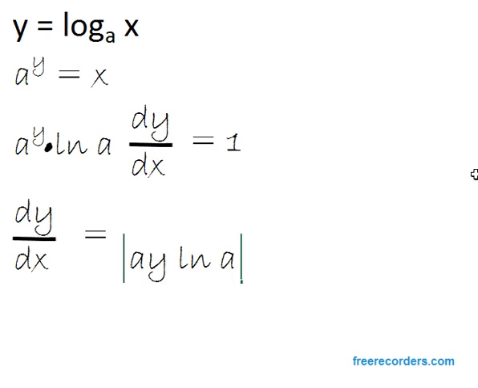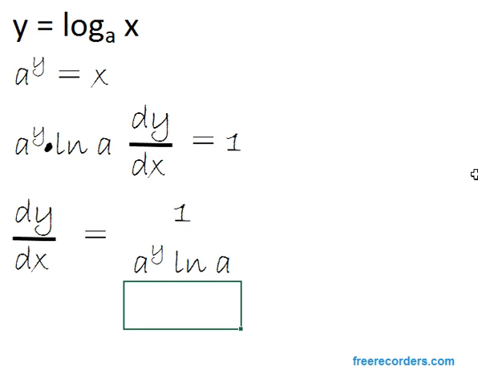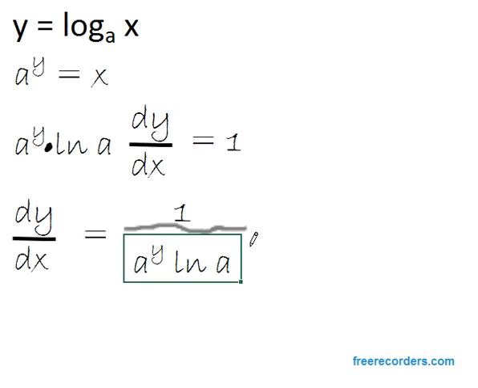The next thing I will do is find an expression for a to the y in terms of x, and I will substitute that in for a to the y.